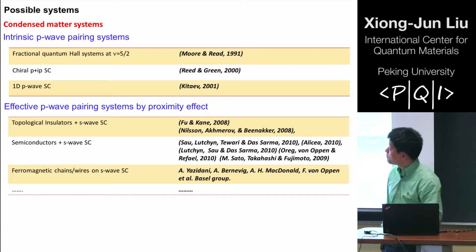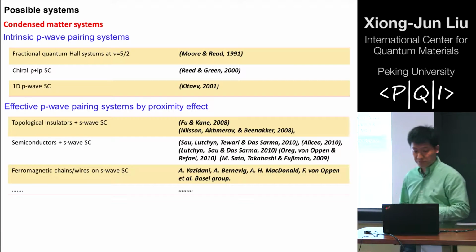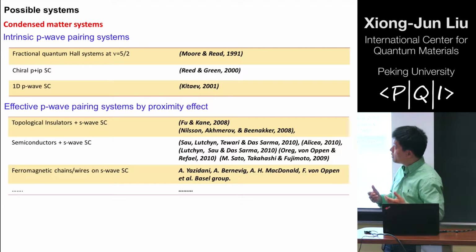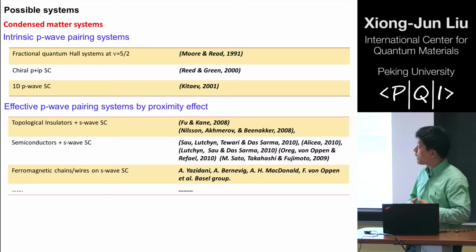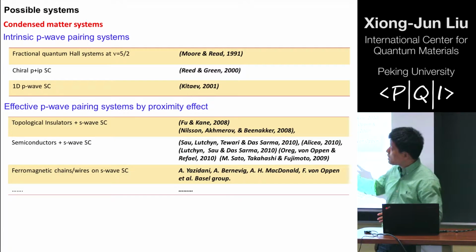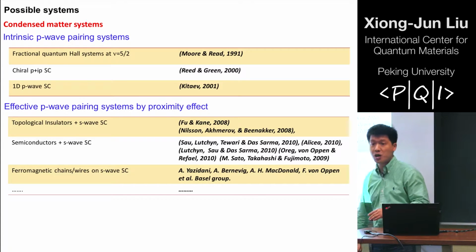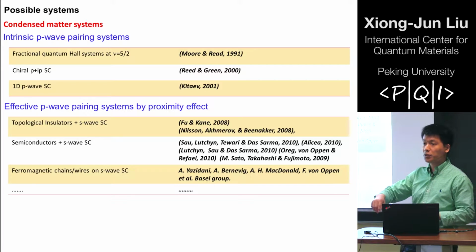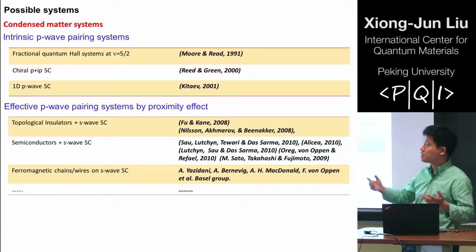In that case, you combine the spin-orbit coupling and the conventional s-wave superconductivity. Then you can see that the spin-orbit coupling can drive the s-wave into an effective p-wave pairing. So this is the basic idea.